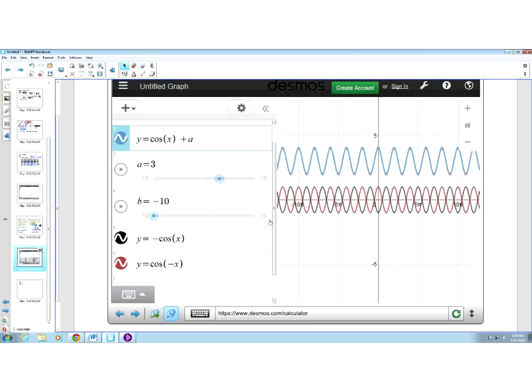Well, because the cosine function is an even function, we know that cosine of x is simply equal to cosine of -x. So there's no effect on negating the inputs. I'll show you an example where negating the inputs does reflect the graph about the y-axis, a better example other than the cosine function.